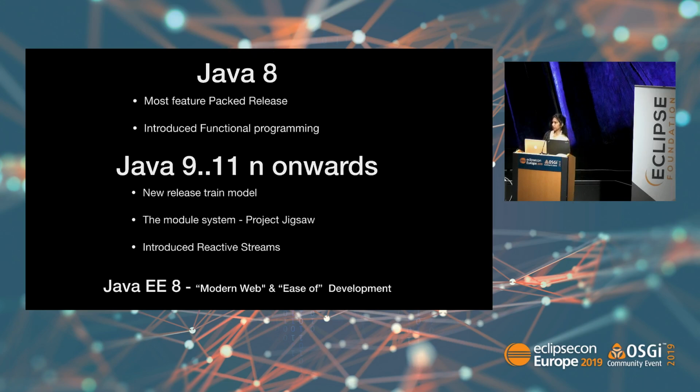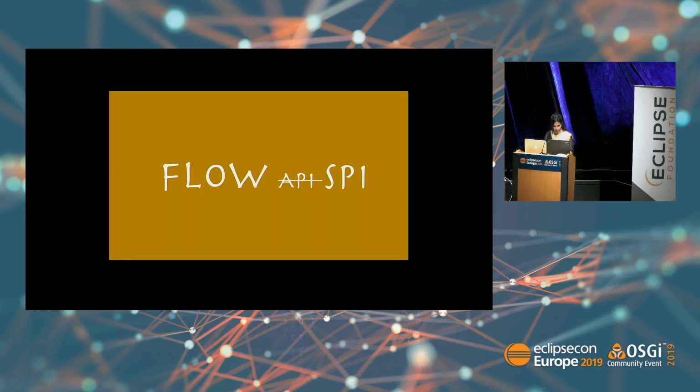Apart from project Jigsaw, there were 85 non-module JEPs, in which HTTP2 client and JShell and lots of improvement to concurrency came in. And that is where reactive streams was introduced into Java 9, into the concurrency library class.